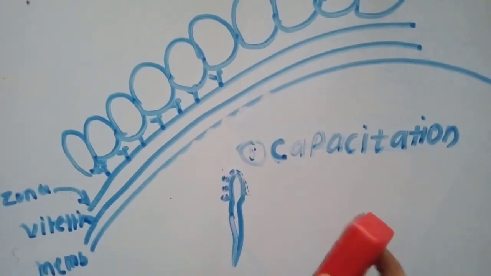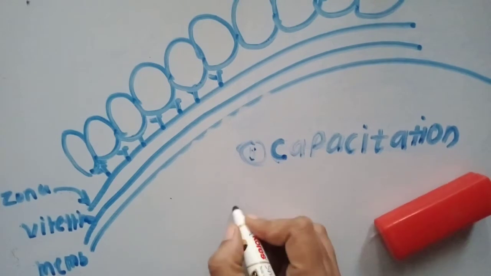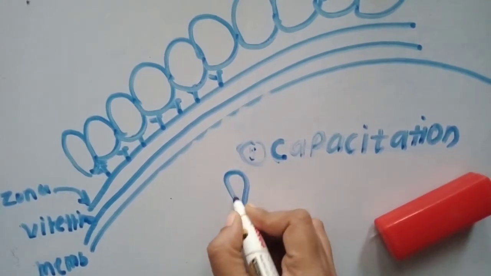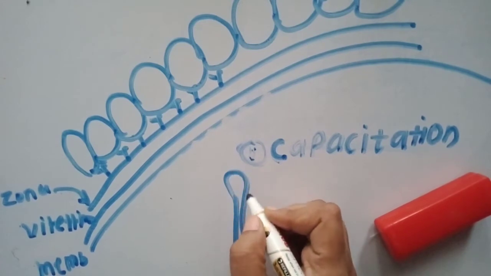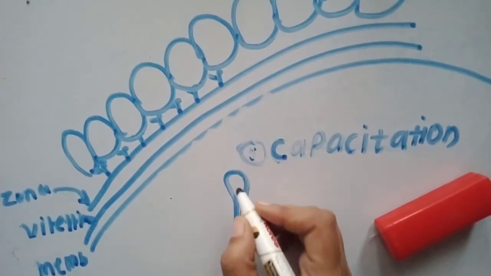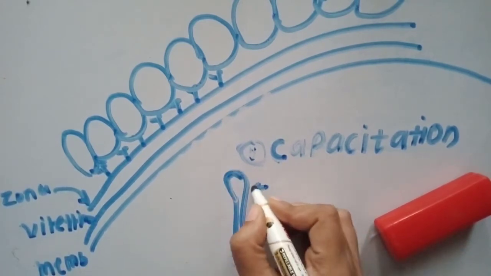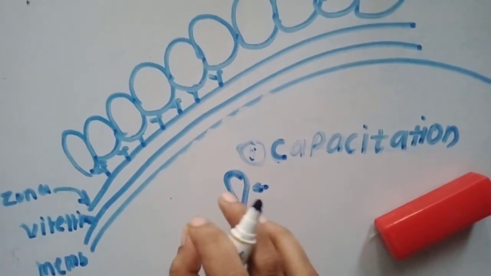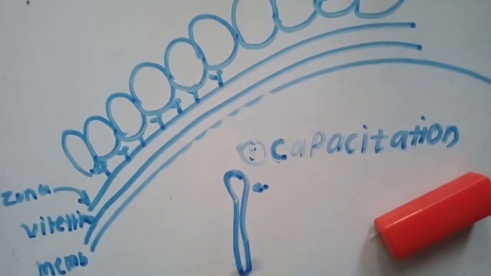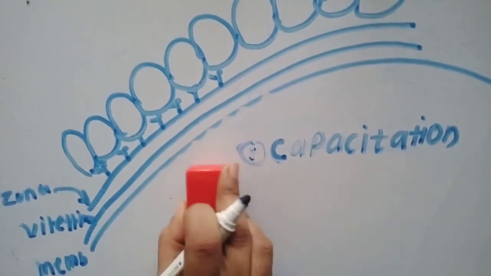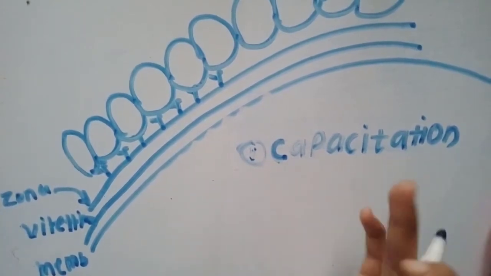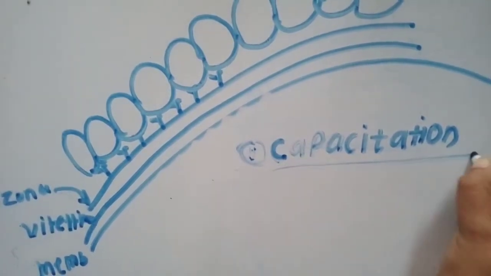It also depolarizes the plasma membrane of the sperm, and the head and tail become hyperactive and competent to penetrate the egg. This is called capacitation.